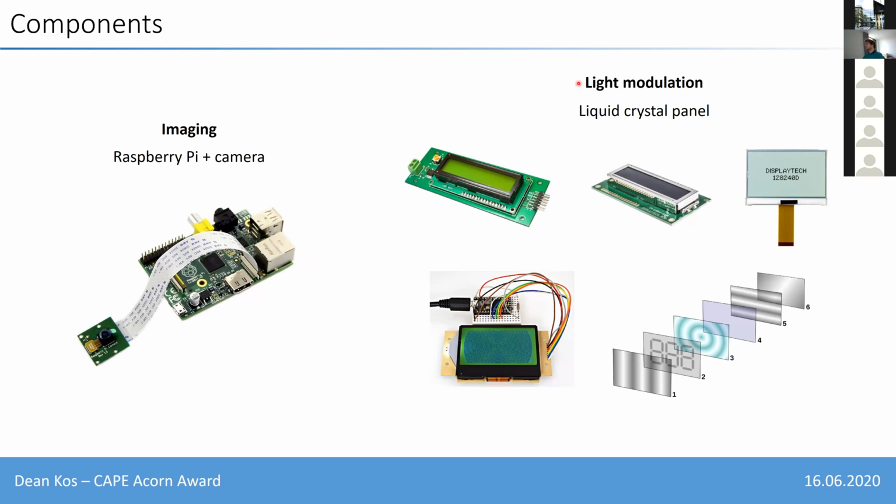But the more challenging part of the project was really the light modulation, actually finding a liquid crystal panel that would suit this application. These panels come in all sorts of shapes and sizes. You have the very basic alphanumeric ones, and some which are OEM designed for small interactive displays. The main problem is that they're all integrated into displays.